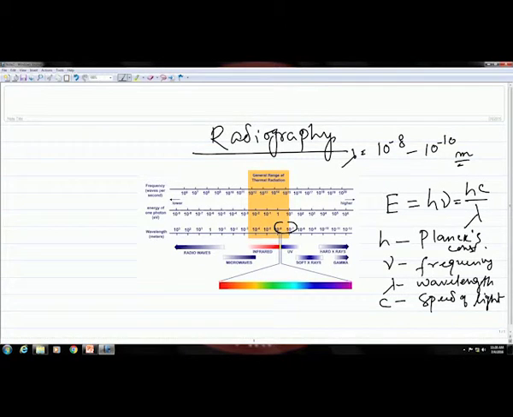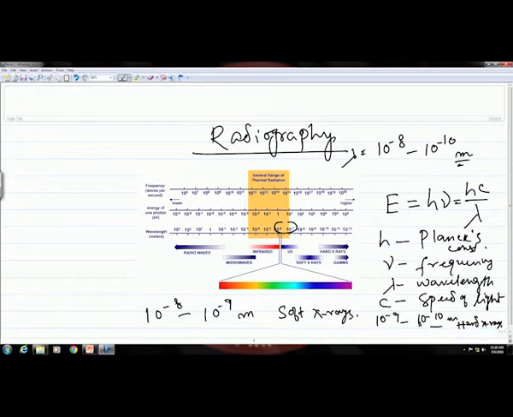So, when you have X-rays in the range of 10 to the power minus 8 to 10 to the power minus 9 meters in wavelength, these are known as soft X-rays. And if you increase the energy further, that means if you decrease the wavelength to the range of 10 to the power minus 9 to 10 to the power minus 10, then in this case the energy of the X-rays will be much higher, and these are known as hard X-rays.